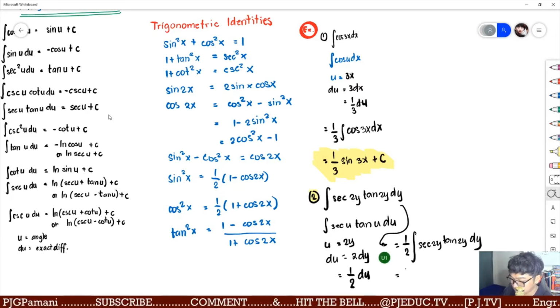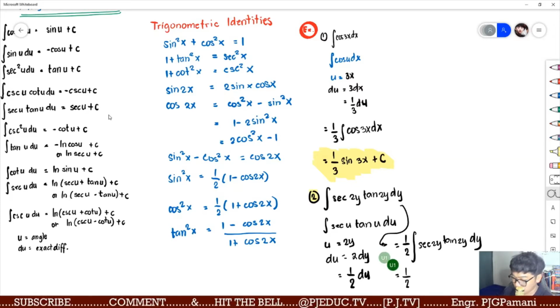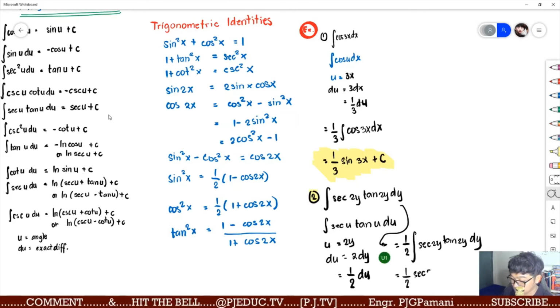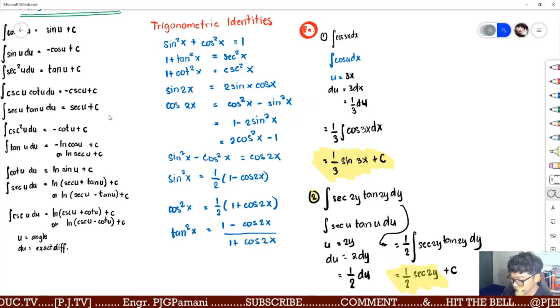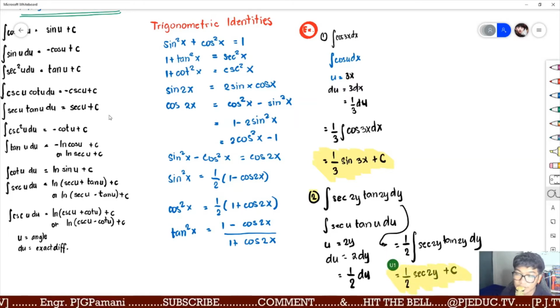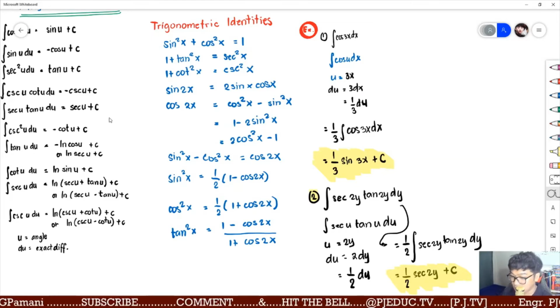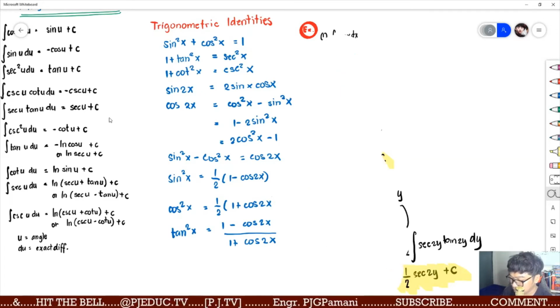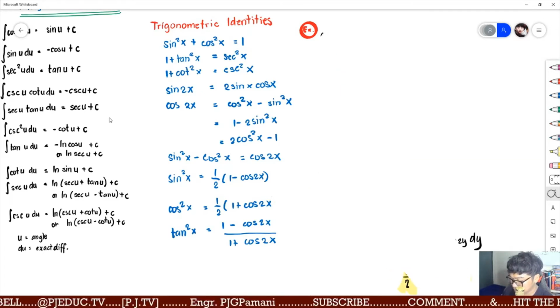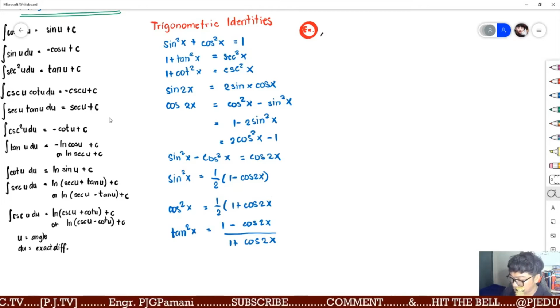Nag-introduce lang tayo ng correcting factor. 1/2 secant 2y plus c. So, ito na ngayon yung ating final answer for this problem. Yan lang po yan. Bali, umpisa pa lang naman yan, madali. Pero, mamaya, meron tayong mga example that would make you think.